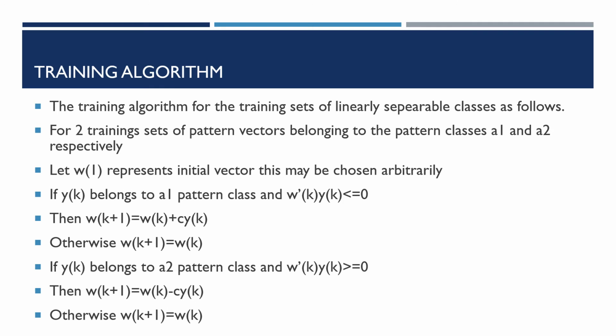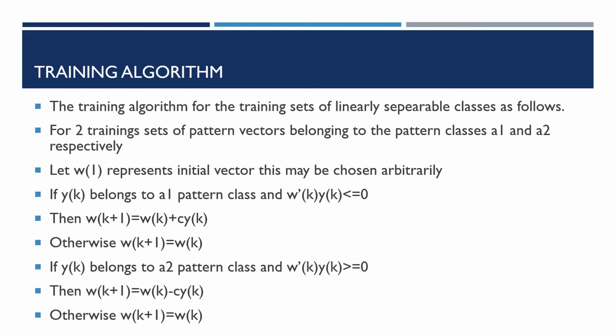The training algorithm for training sets of linearly separable classes is as follows. Take two training sets of pattern vectors belonging to the pattern classes A1 and A2 respectively. W of 1 represents the initial vector, which may be chosen arbitrarily, and C is also chosen arbitrarily.